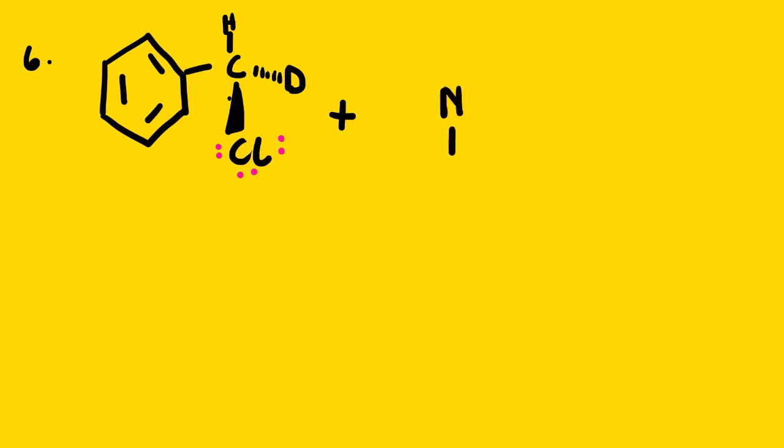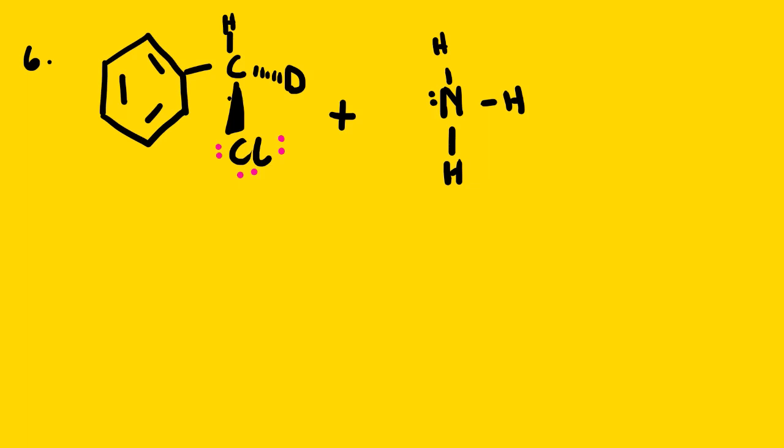When you draw the Lewis diagram, we are going to have something like this with two lone pairs. In this case, these two lone pairs will be the ones to attack the electrophile.